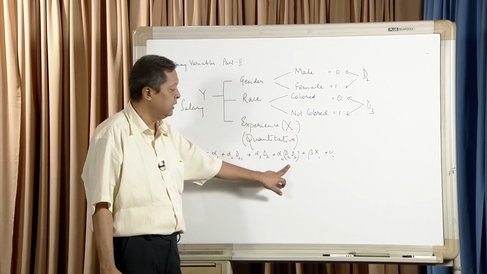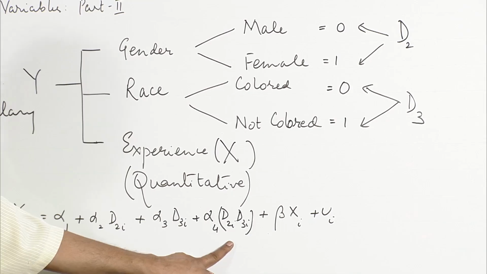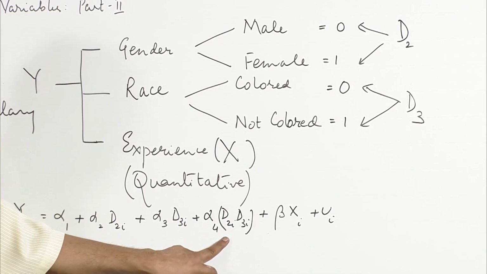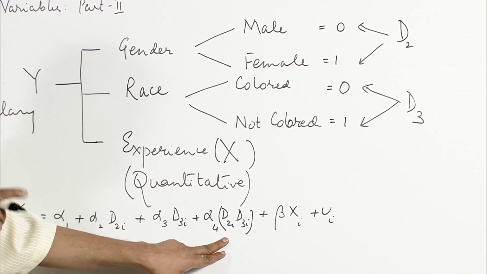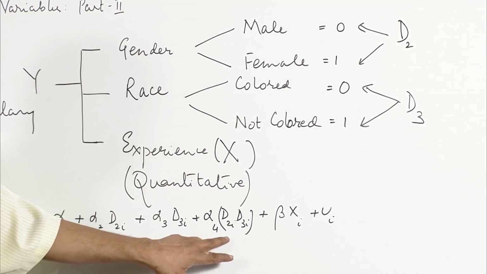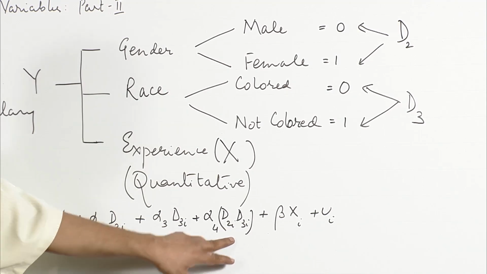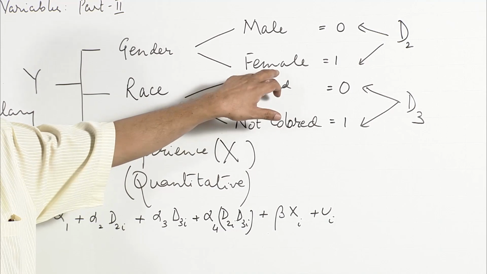So, this is basically the dummy variable interaction effect, that is the additional increment, the additional differential effect that is occurring for non-colored females.